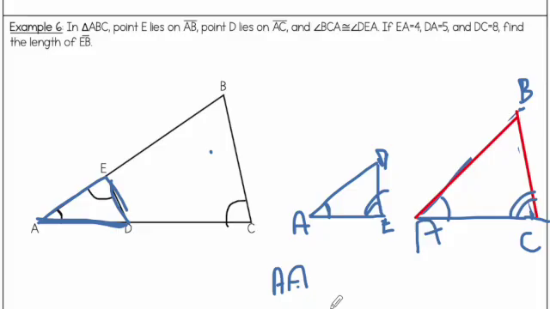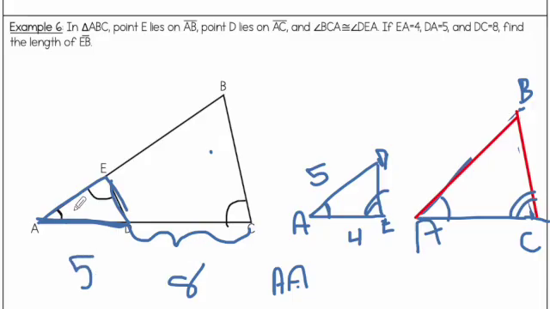Okay, so if these angles are congruent, we could start messing around and set up some proportions. So EA is 4, DA is 5, DC, which is from here to here, that's 8. So AD is 5, AE is 4, and we are looking to find this right here.